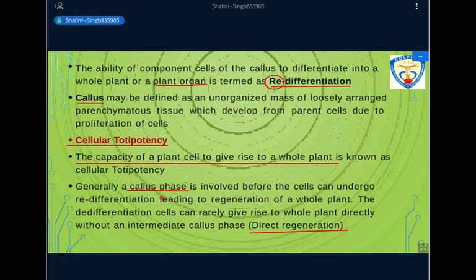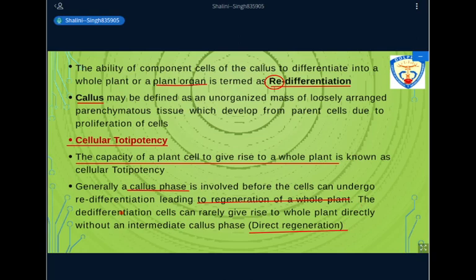Here you will go through a callus phase. So a callus phase is involved before the cells can undergo redifferentiation. So first you will take your explant, you will develop a callus from that, and then that callus is used to regenerate a whole plant. So that's what is done.